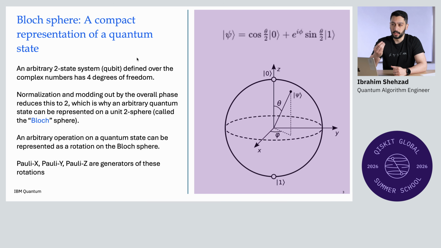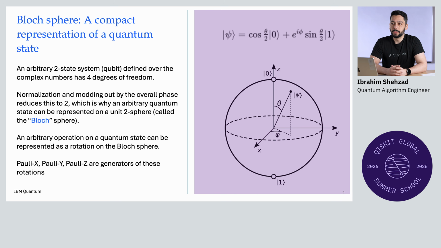This sphere is exactly what is called a Bloch sphere, and this then implies that an arbitrary quantum operation on a qubit can be represented as a rotation parameterized by two angles that are labeled here, theta and phi, on a two-sphere. So here I've given an expression for ket psi, an arbitrary quantum state, and as you can see, it's entirely determined by two parameters, theta and phi, which are angles on the sphere.